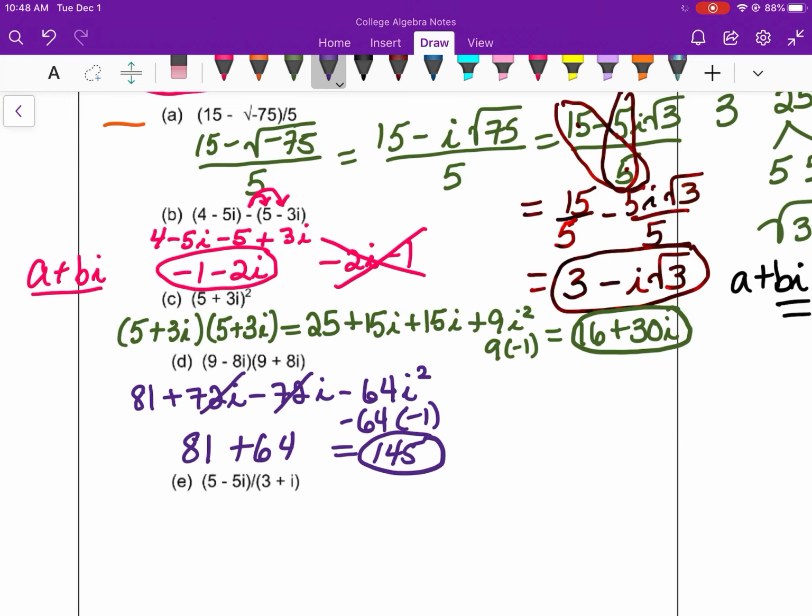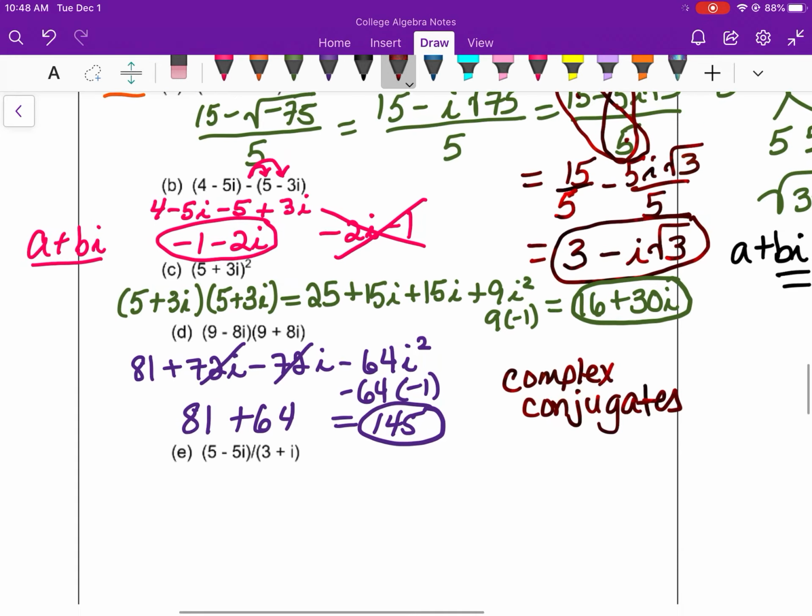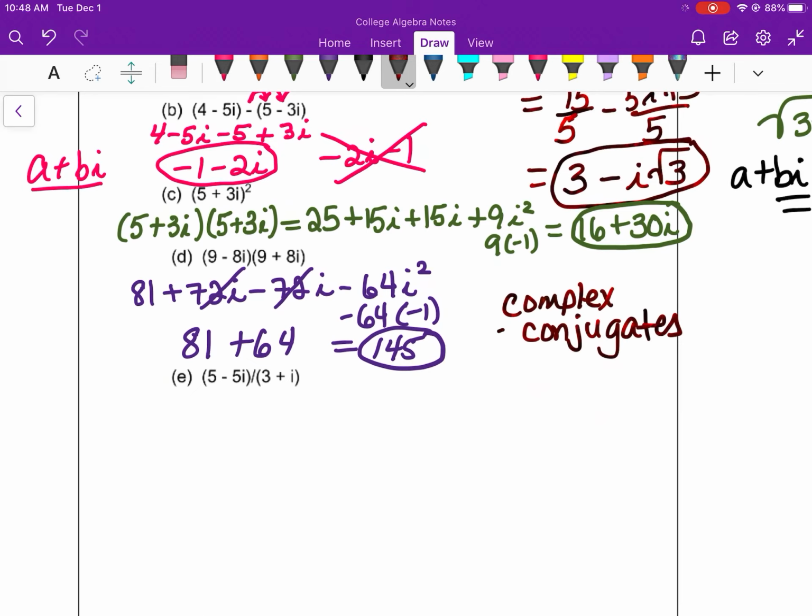Now, 9 minus 8i and 9 plus 8i are called complex conjugates. Anytime you multiply complex conjugates together, you get a real number answer. So you get an answer without i in it, which is super important for when you get to these problems where you're dividing.